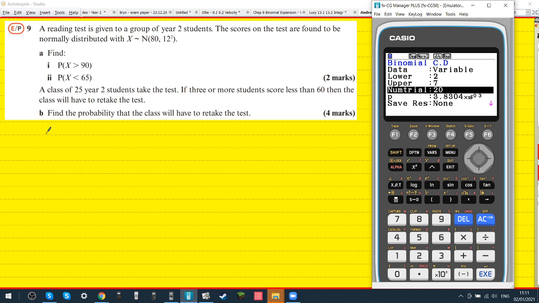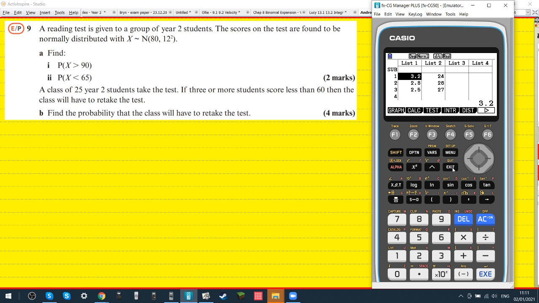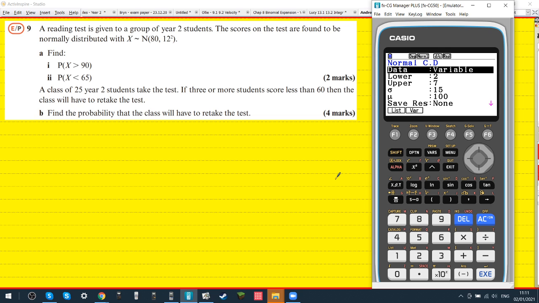And so now will I put like 90 lower, 999 upper? So is it normal or binomial? Is it normal? Yeah. So normal, cumulative. Lower was 90, upper 999, is that what you said?